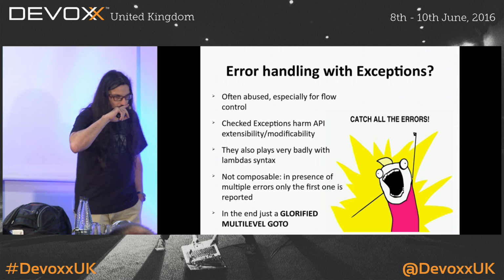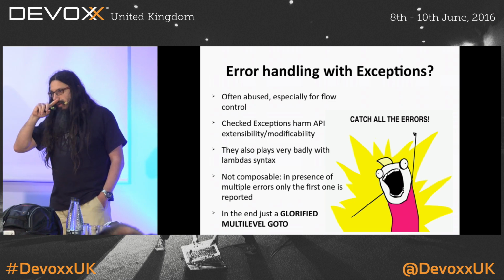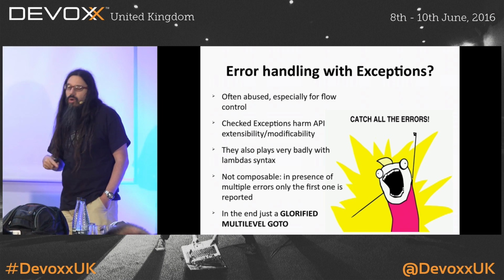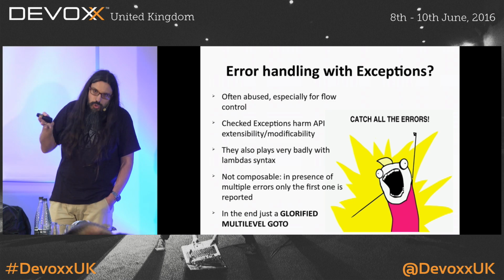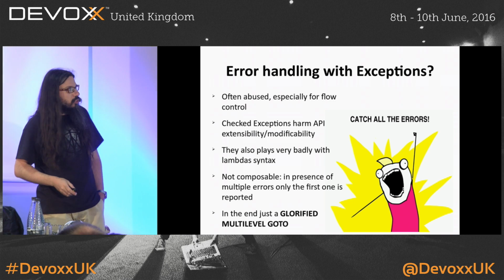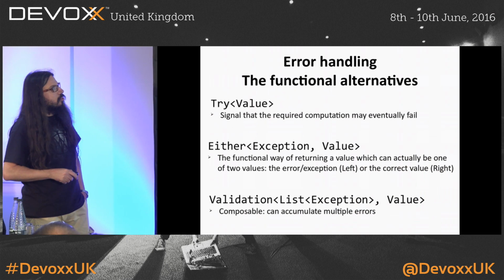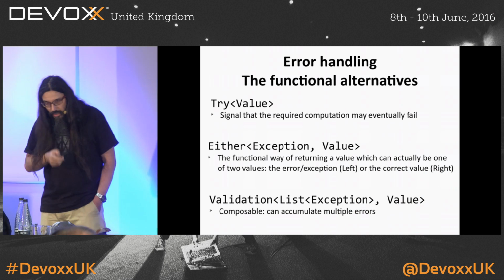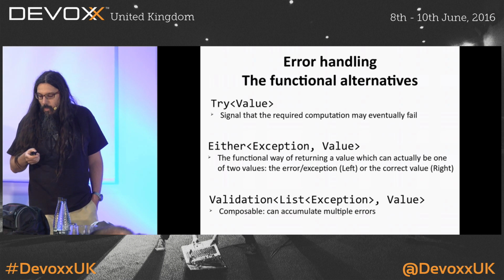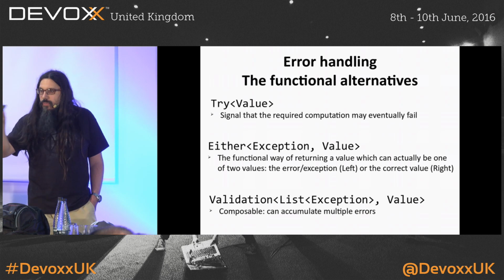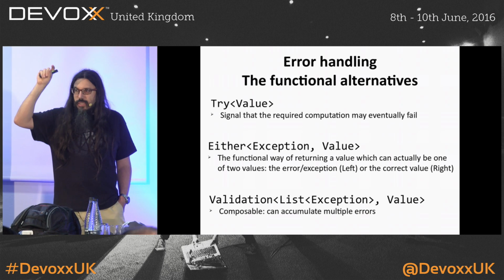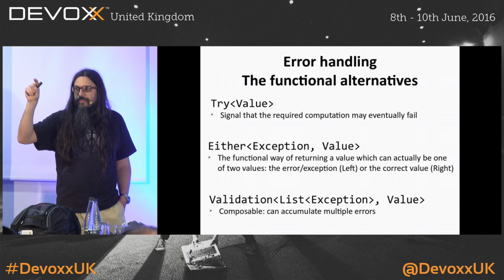So what do you do to signal an error in functional programming? If you want to go the functional way and you decide that you don't want to use exceptions, you use this stuff, okay? When the signature of a method says that it throws an exception, it means that method may fail.